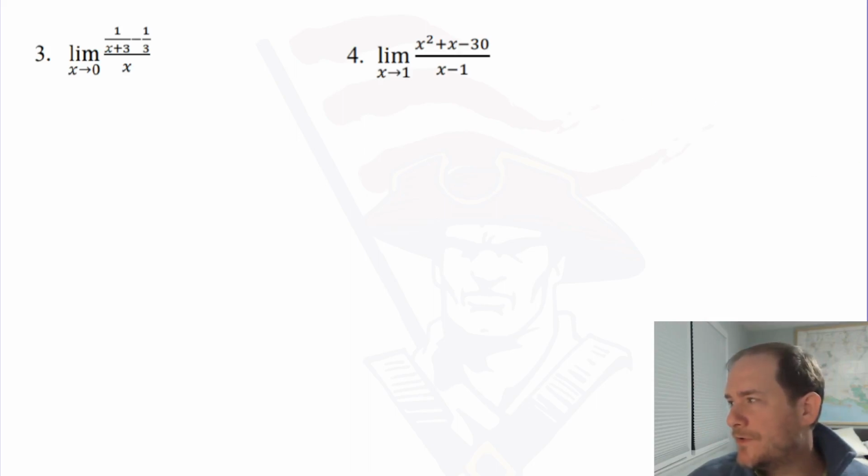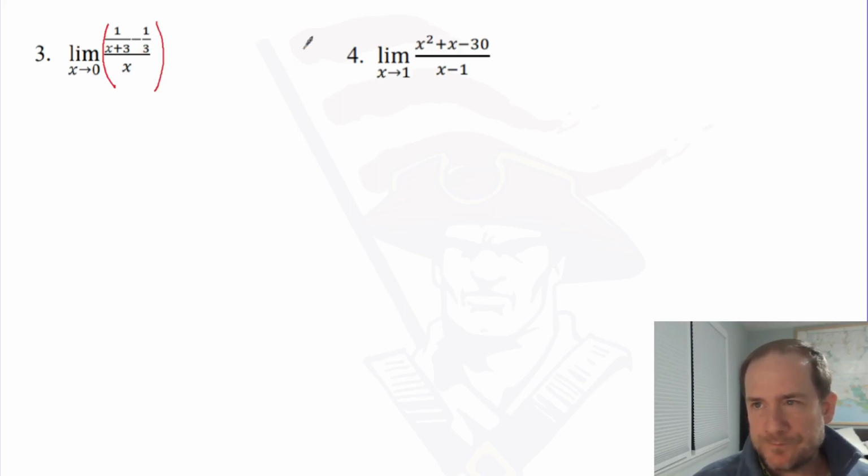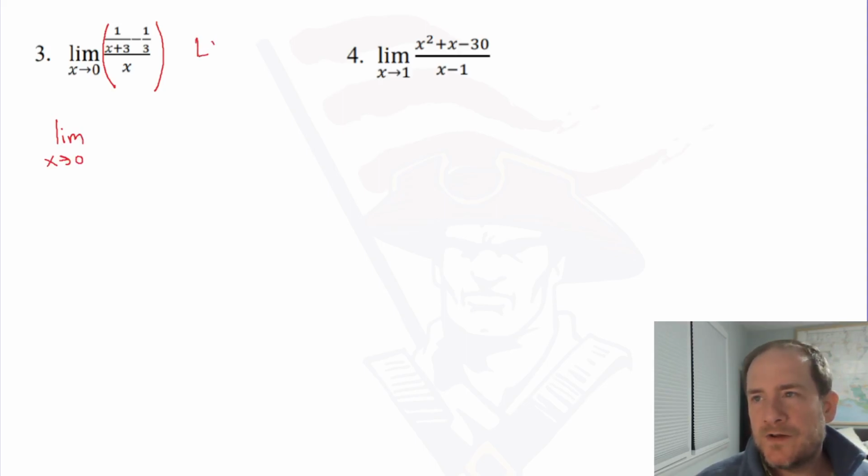And so for this, I see a compound fraction, and that tells me that I want to get a common denominator. So if I'm taking the limit of this whole thing, then on the top, in the numerator, I'm going to want to get that common denominator, like I said. That least common denominator that I'm after is just going to be some expression that has a factor of 3 in it, for sure.